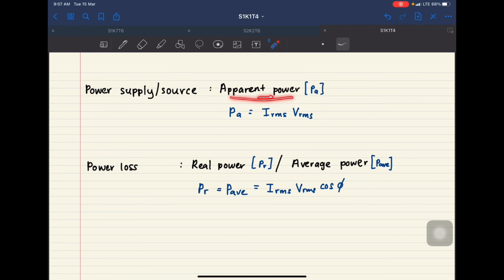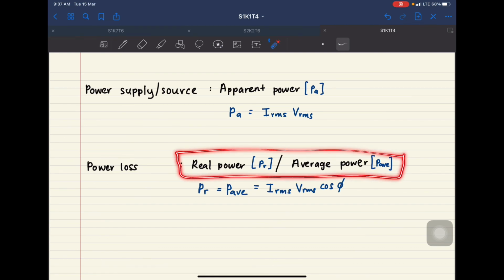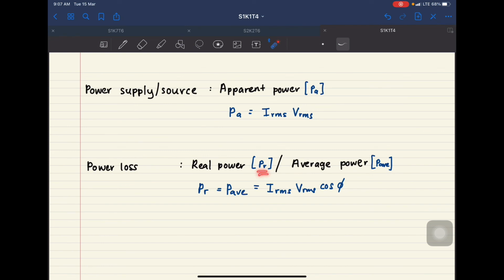It seems like the power is given, but the actual power that you get, which is what we call the power loss, or the real power, is basically your average power. So this real power and average power is basically the same thing, just have a different symbol to it. And the formulas are the same.